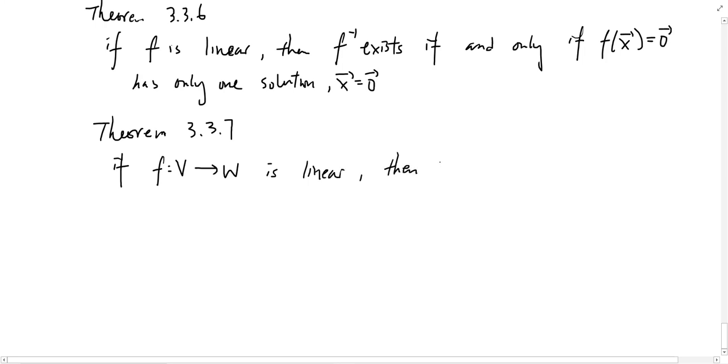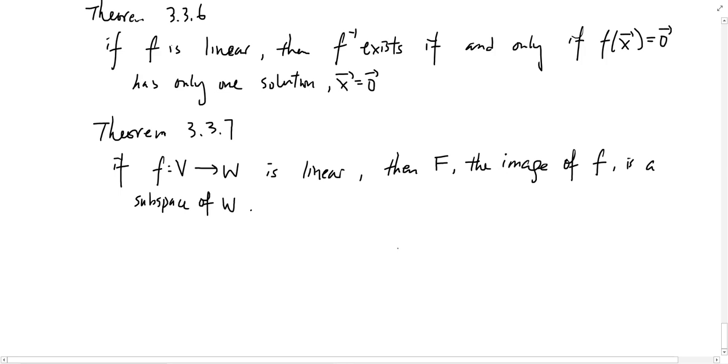then the image of f is a subspace of W. So if you have a linear function, then the image of the linear function must be a subspace of the range, which you might think, can it be the entire range?